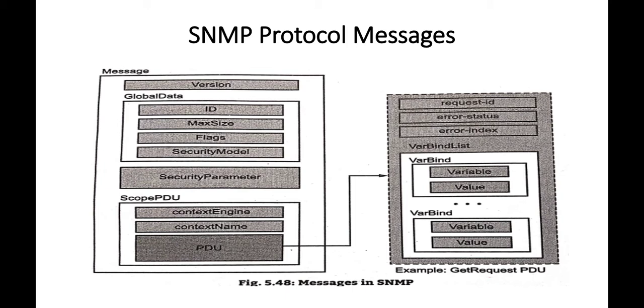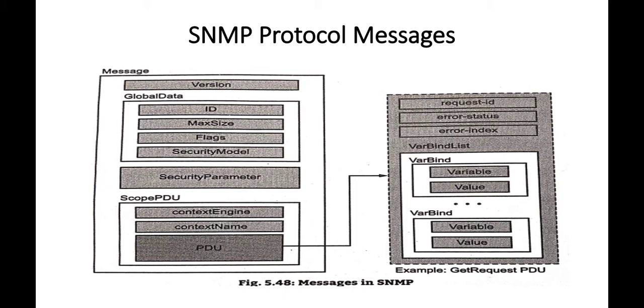So each request from the manager to the agent is allocated an ID. That's why the agent can easily respond to each request according to its request ID. The agent matches the request with the response: whatever request ID comes in, it provides the response accordingly, so it can be easily managed.